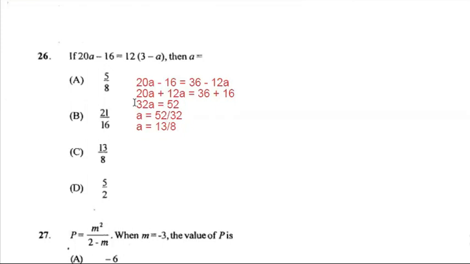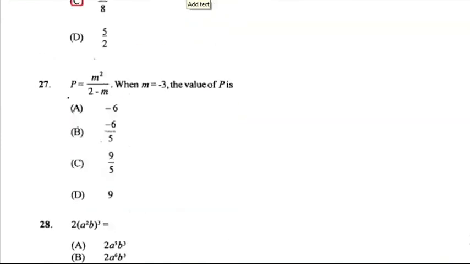So 4 into 52 goes 13 times, and 4 into 32 goes 8 times. So our answer for 26 is C, 13 over 8.